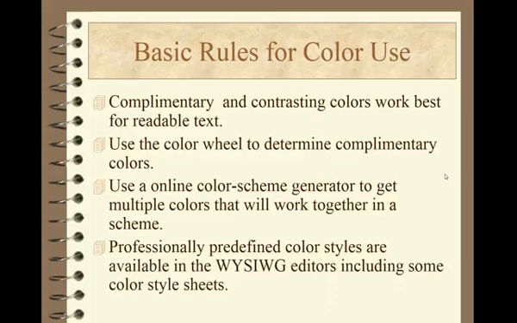And another place you can find this is the theme colors that are built into, for instance, Microsoft PowerPoint. So it'll give me a set of 5 to 6 colors that I can use to create a harmonious color scheme in a PowerPoint presentation.